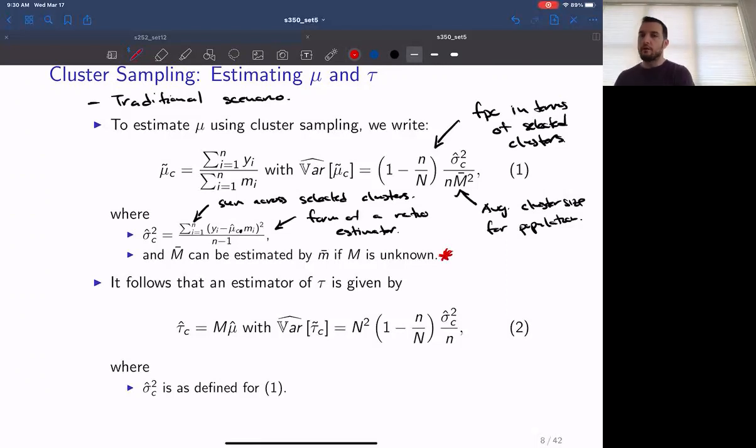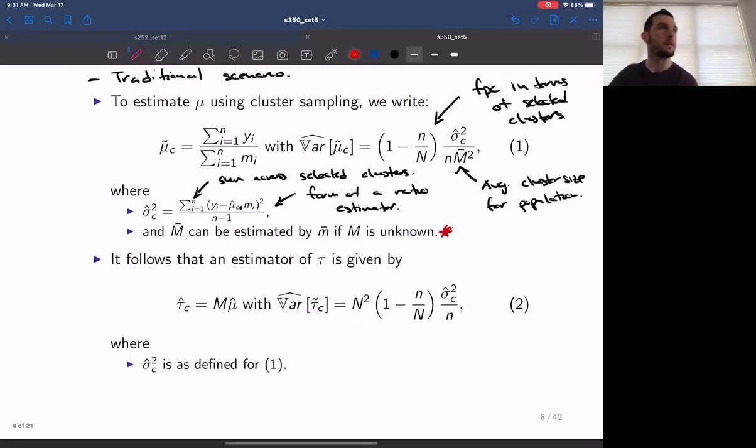Okay, and then estimation of the total is going to follow in the same way that it did before.